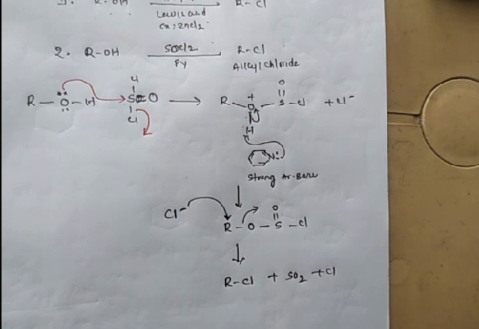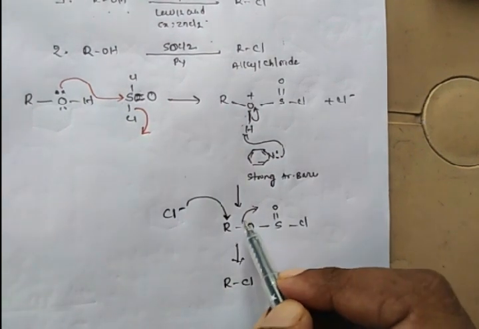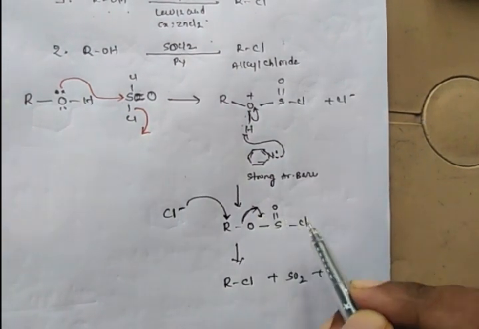As the oxygen moves in this direction, the chlorine moves away. You have to write another arrow also.